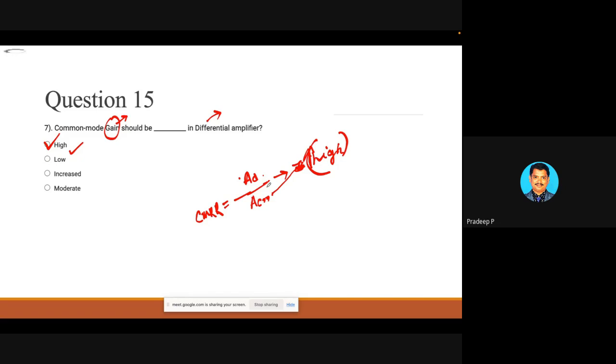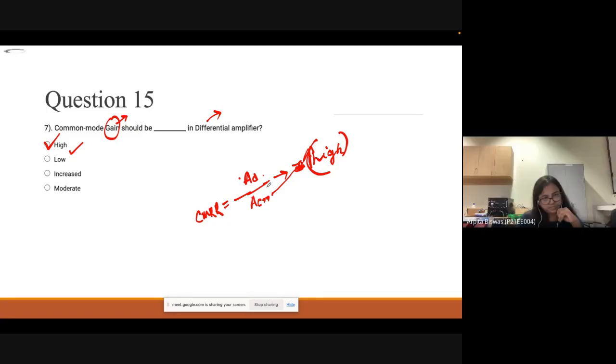For that common mode noise, here the context is different, madam. We should think of the differential amplifier. So you can also recheck it. But I also agree with Pradeep that the answer is high. You can recheck it and we can also discuss in the next session. Okay. So you can recheck whether the common mode gain should be high or low in differential amplifier.